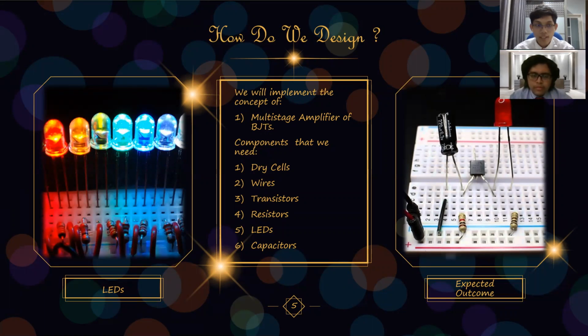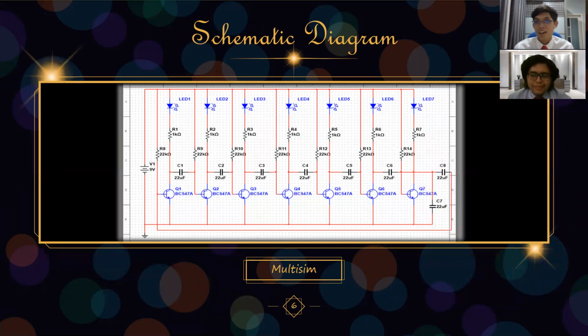As you can see, the picture on your left-hand side is the examples of LED, and on your right-hand side is the expected outcome of our project. The expected outcome is made on the blackboard. Unfortunately, this semester is fully online. Then I will pass to my lab partner, Nafis, for further presentation.